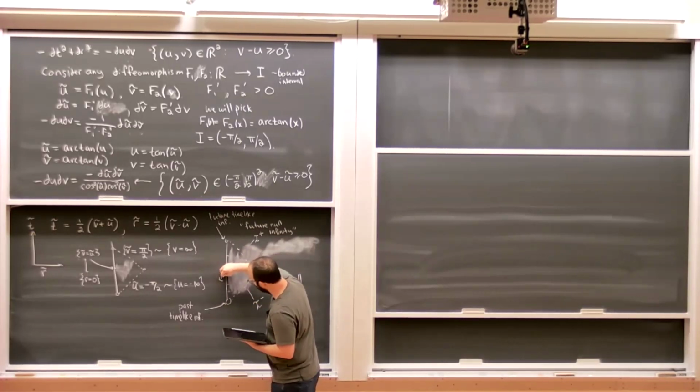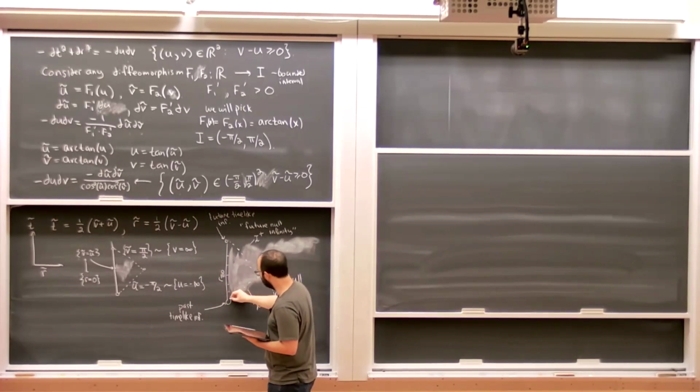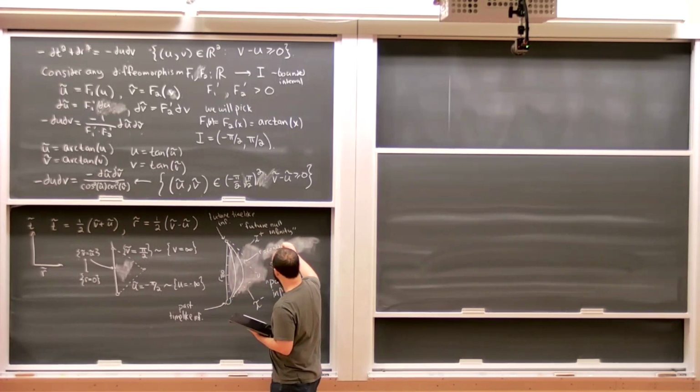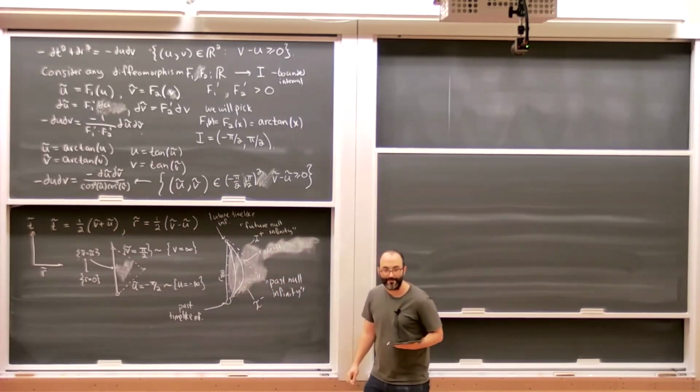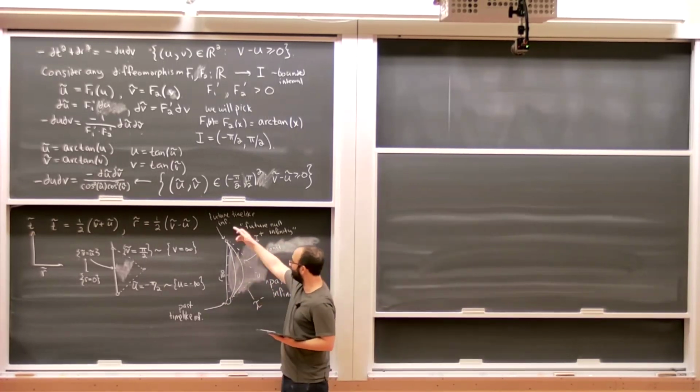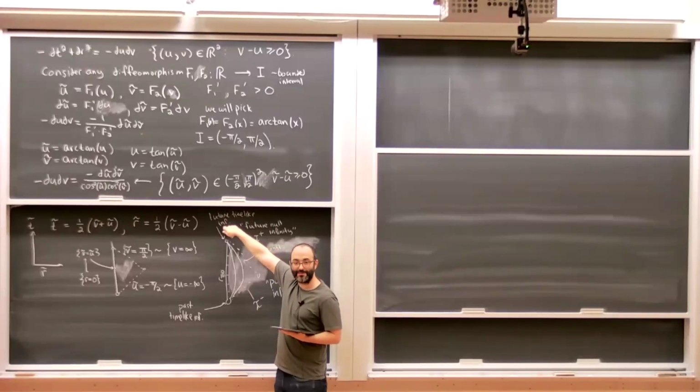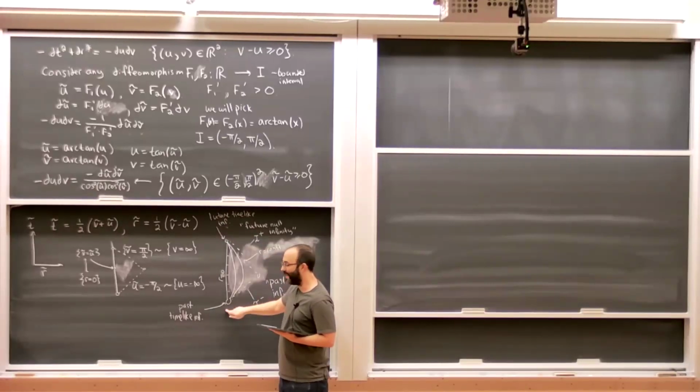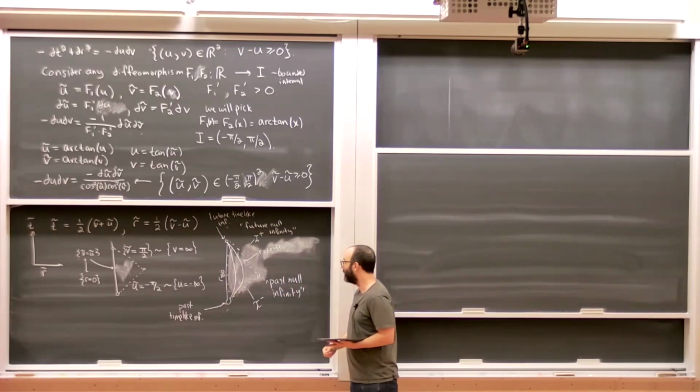So here's r equals 0, I already noted that. But the other constant r curves will look like this. And so these, for example, are time-like curves. They asymptote to future time-like infinity in the future, and in the past they go to past time-like infinity.